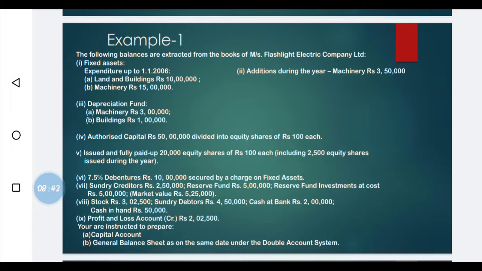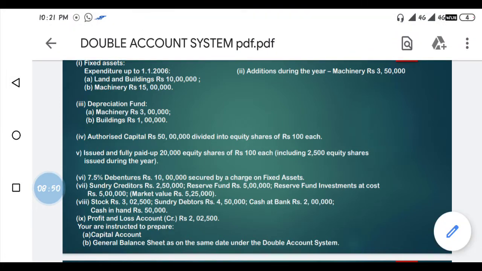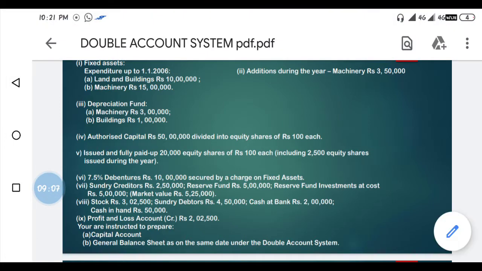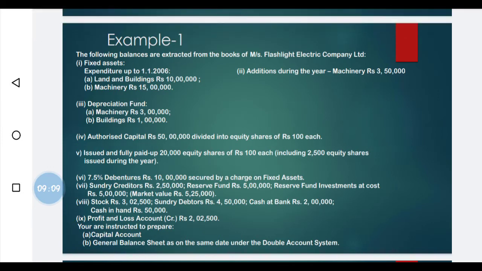Now issued and fully paid up 20,000 equity shares of 100 each. Please listen carefully. Issued and fully paid up 20,000 equity shares of 100 each, including 2,500 equity shares during the year. Here the total equity shares issued is 20,000. In that 20,000, the current year's is 2,500. So 20,000 into 100 gives 20 lakhs.